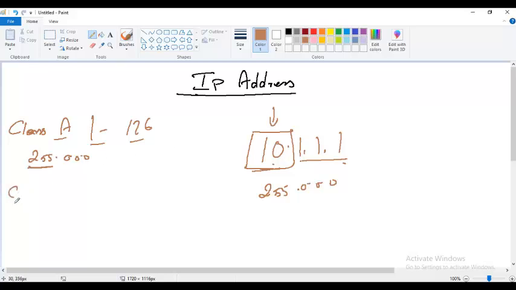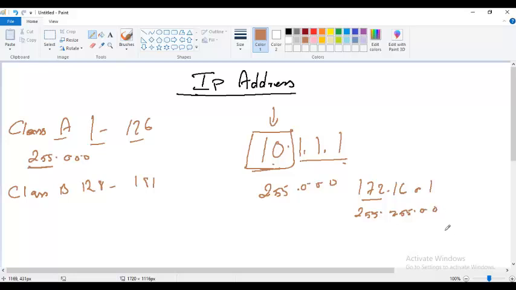Likewise, in class B, we have 128 to 191. When you see an address, let's say 172.16.0.1, you know it is class B, and you know this is the default mask.